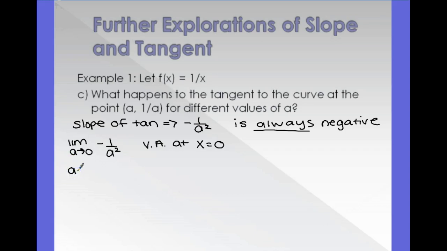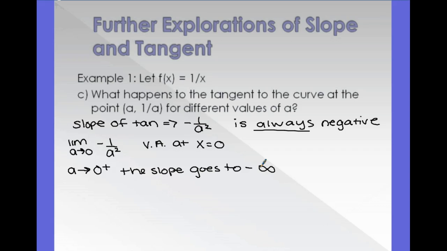So as a goes to 0 from the right, the slope goes to negative infinity. So the slope is getting really, really big as we're going to 0 from the right.